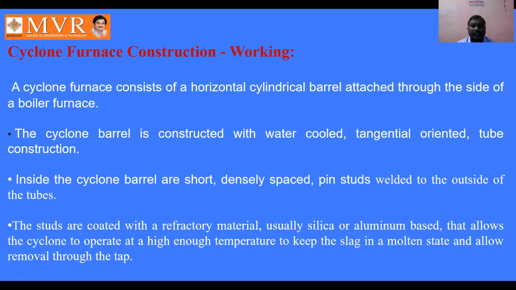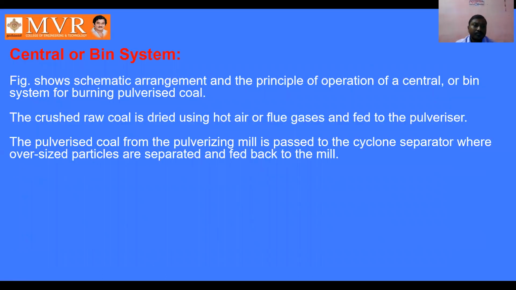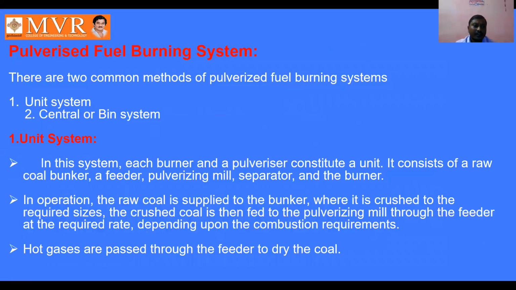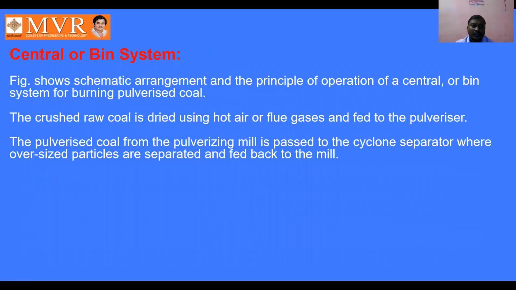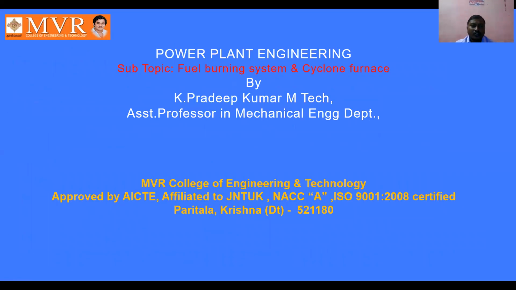We have also studied some of the advantages and disadvantages of the central or bin system and the unit system. With this, we have completed the topics of the fuel burning system and cyclone furnace.